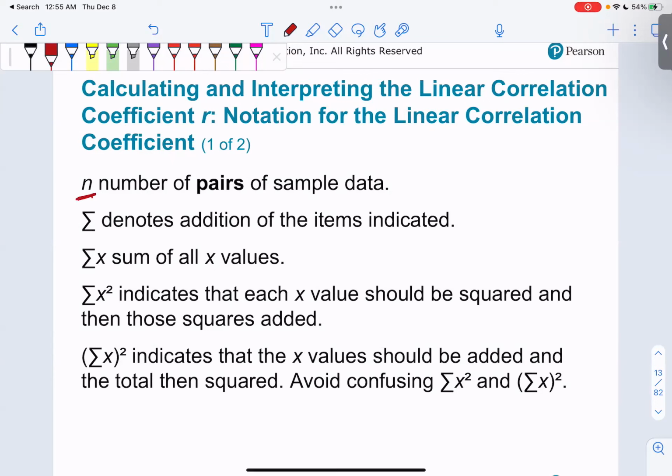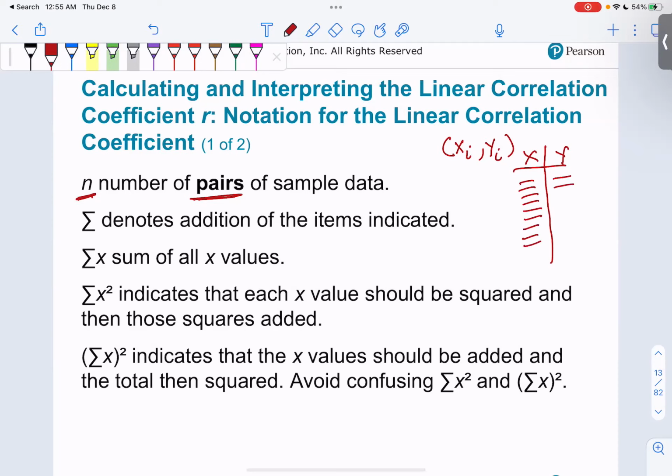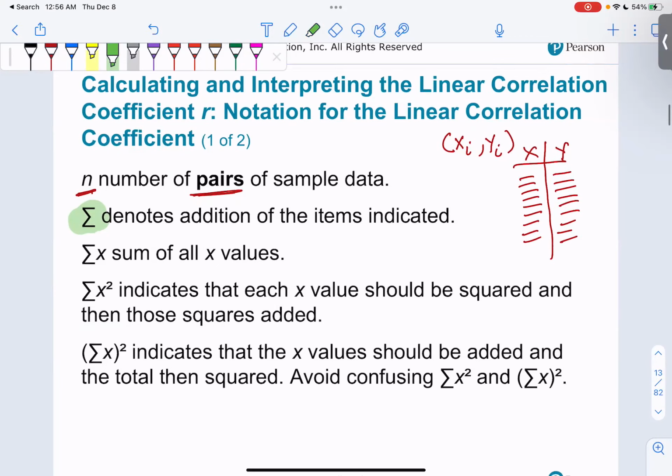And remember, for each value of n, we have a pair of data, xi and yi. So the values will be something like this: x and y. These must be numerical values, and we are trying to study the linear relationship between those two variables.